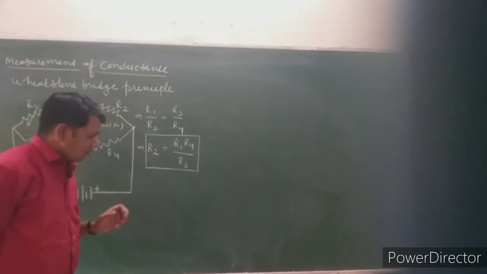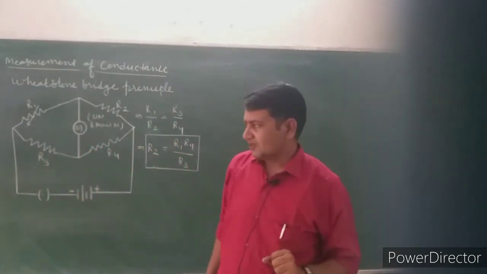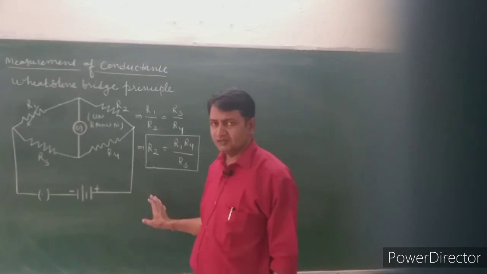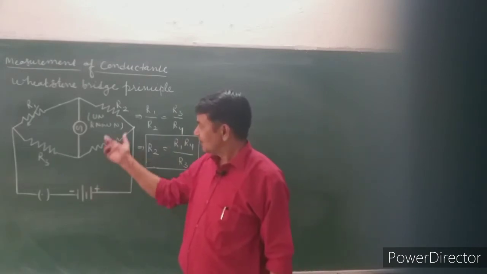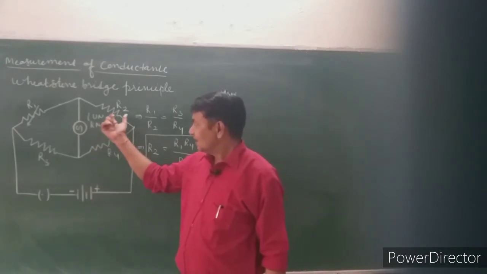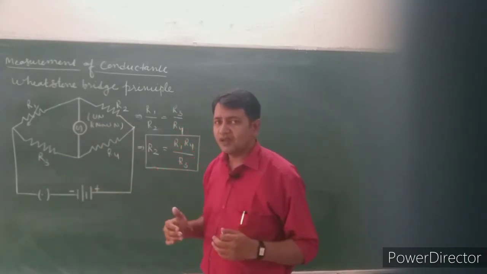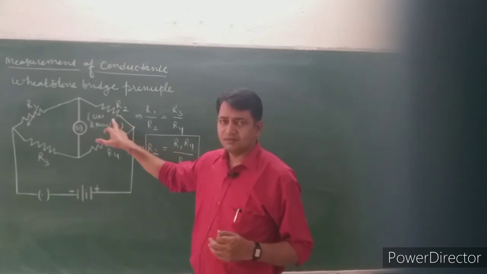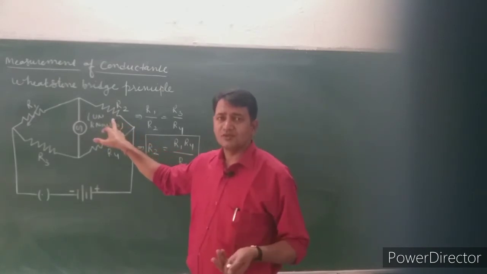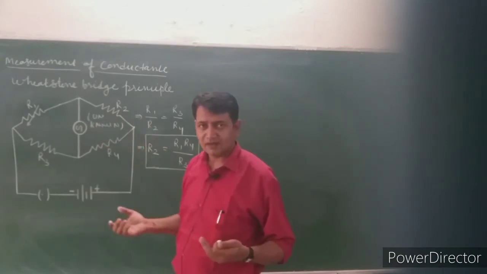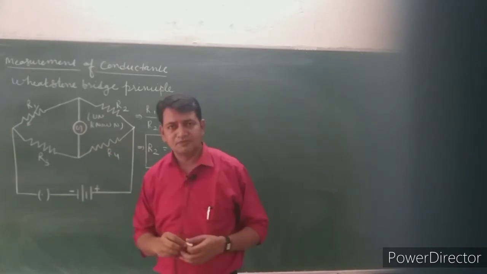But there are two problems if we use such an arrangement. First, like a metallic conductor, electrolytic conductors cannot be connected in this manner, because they are in solution phase, and a solution cannot be connected with a solid metallic wire directly. So this is the basic problem.